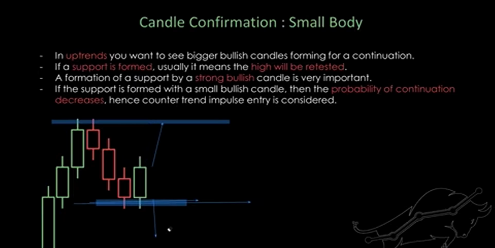So at this stage, you have a support formed. The only time you would want to sell is if we break this support, because if we break support, that means the trend is changing a little bit. Whenever you have an uptrend, uptrends are going to make higher lows and higher highs. So right here, we made a higher high, came down, we made a higher low.